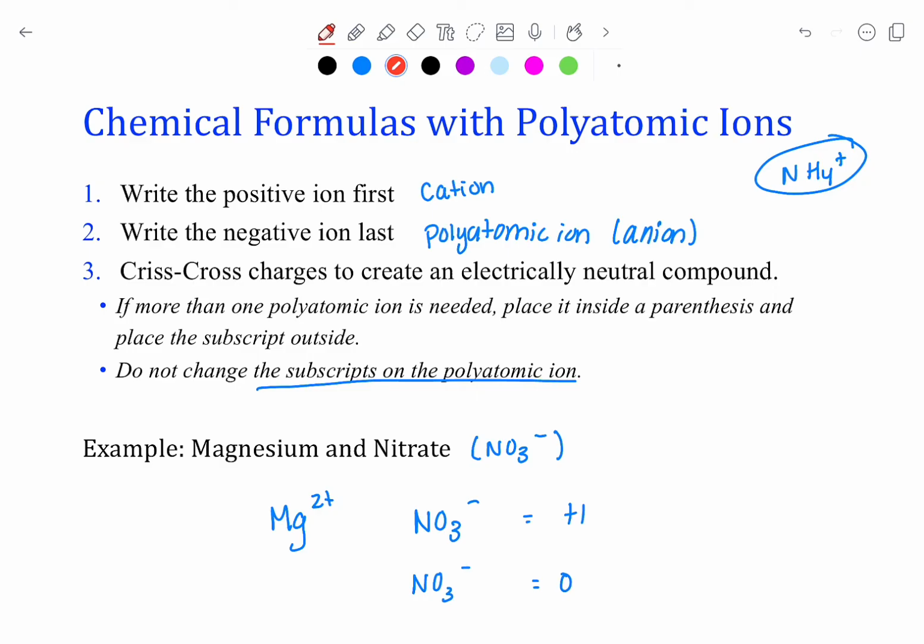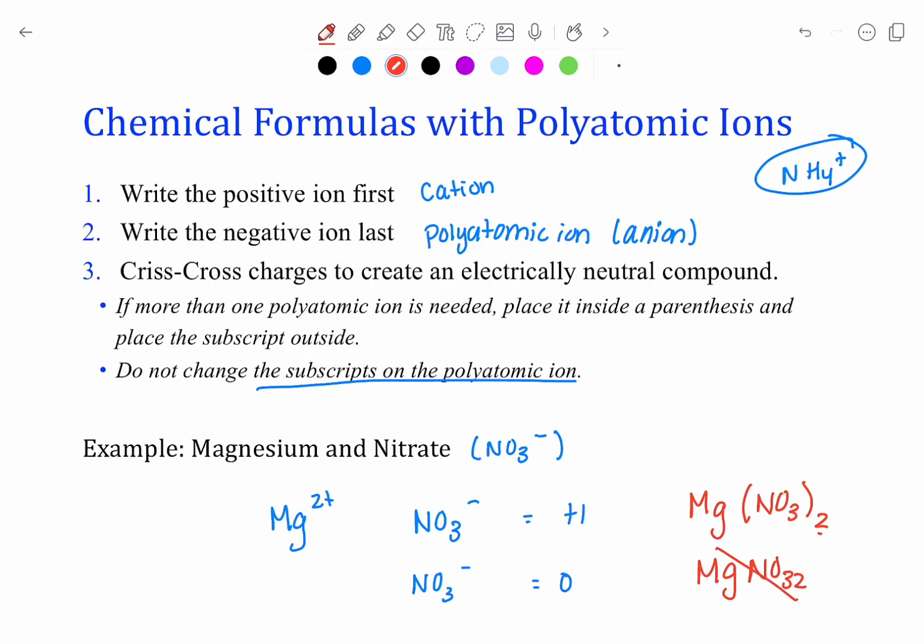So my formula would be Mg(NO3)2. I'm putting the 2 to denote that I need 2 nitrates on the outside of my parentheses. We don't want to do MgNO32, because then that would look like there's 32 oxygens and 1 nitrogen, which is not correct.